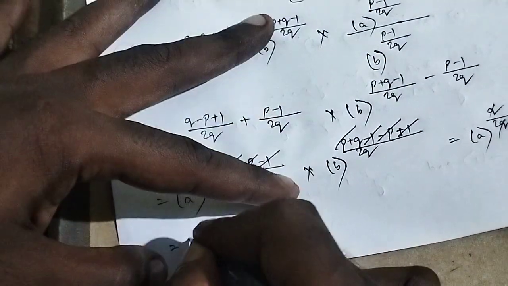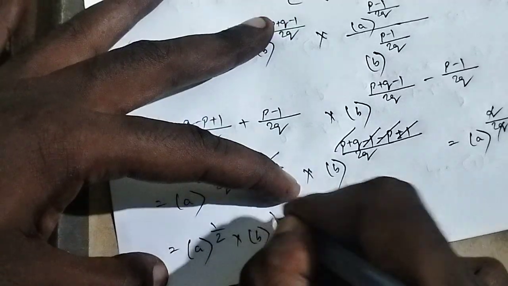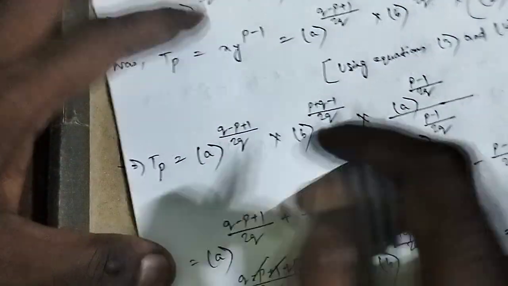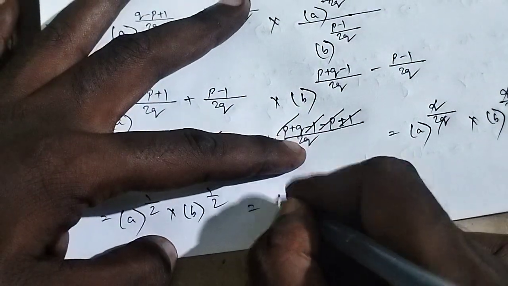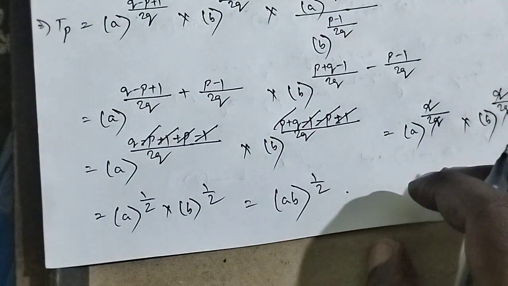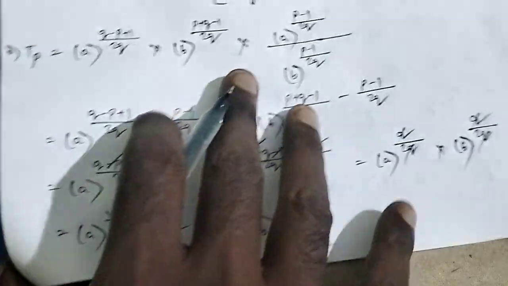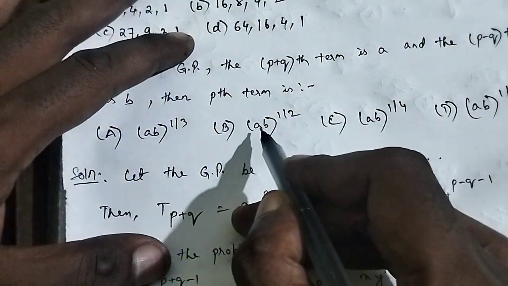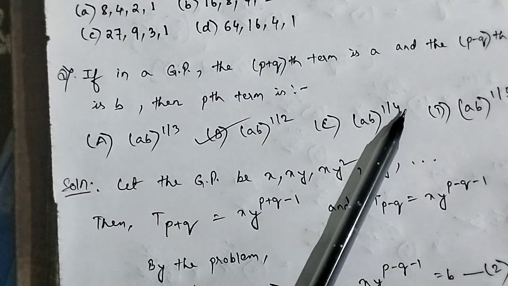So ultimately A to the power half into B to the power half. This is the pth term. We are trying to find the pth term. Okay, so that means we can write this AB whole to the power half. So pth term is coming out as AB whole to the power half. So that means option number B is the correct option. Clear? Thank you.